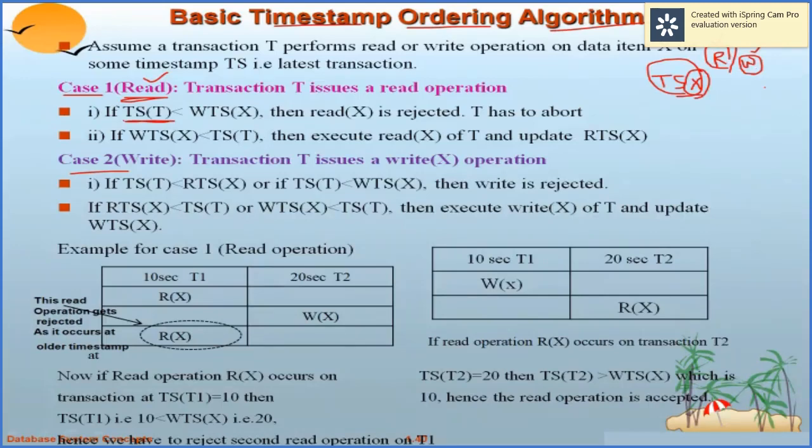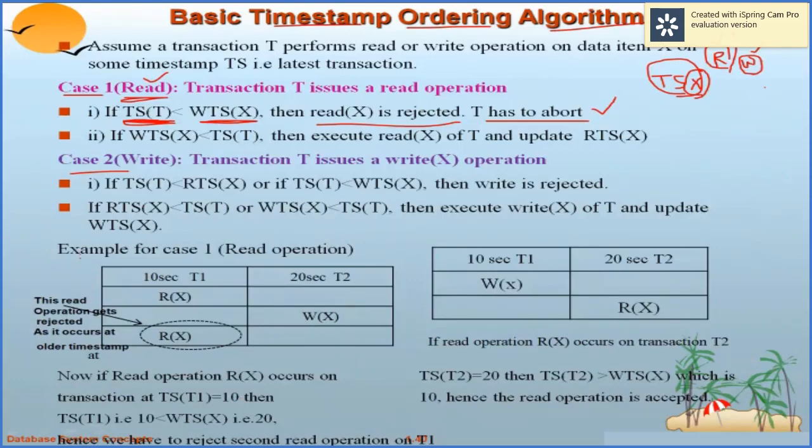The latest transaction timestamp value for a read operation, if it is less than the timestamp of the write operation which happened last, in that case the read should be rejected. That means the transaction has to abort. This case will be much clearer with an example.